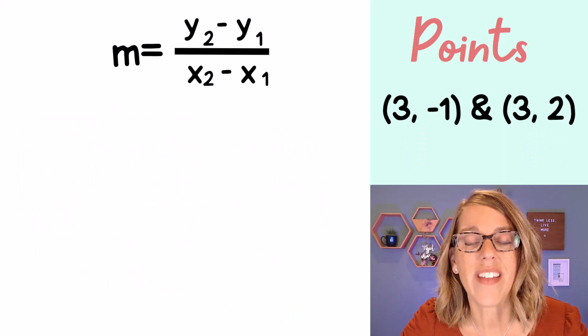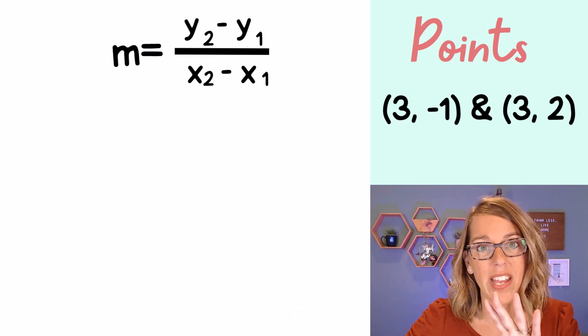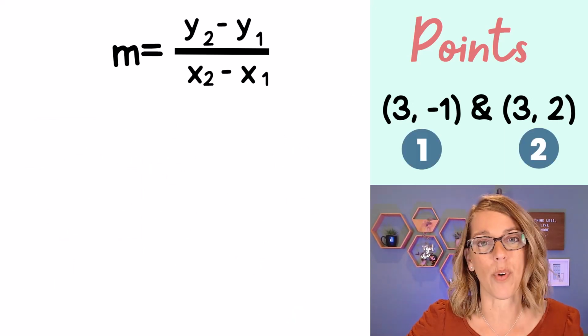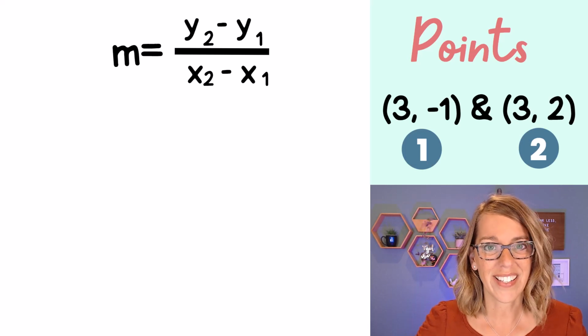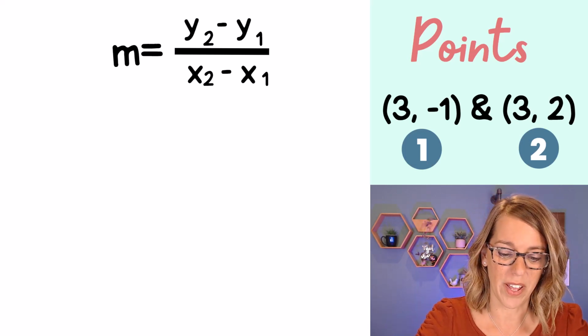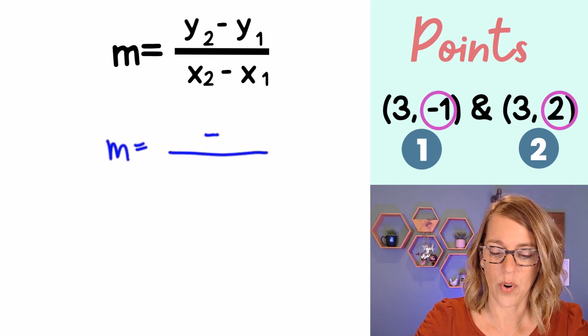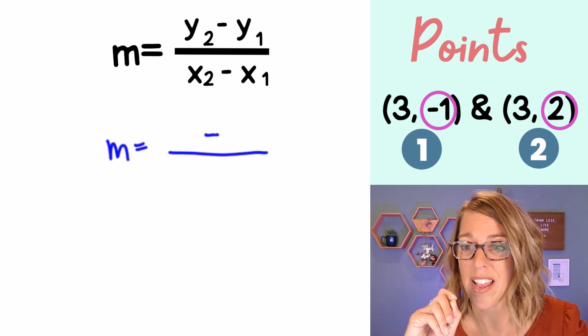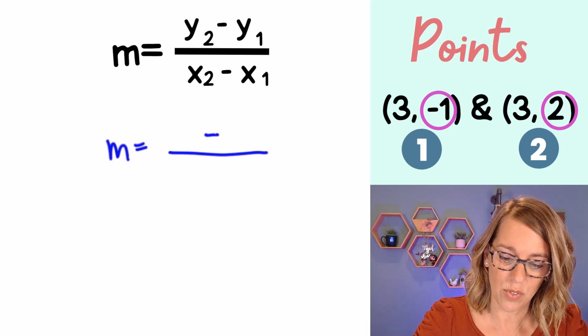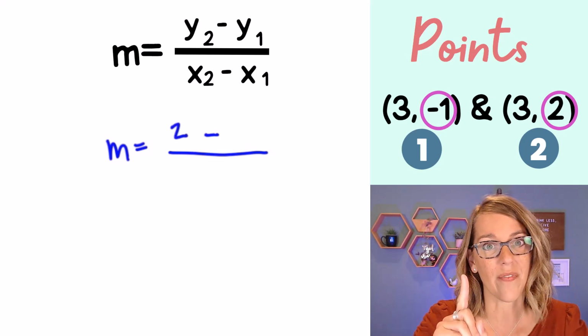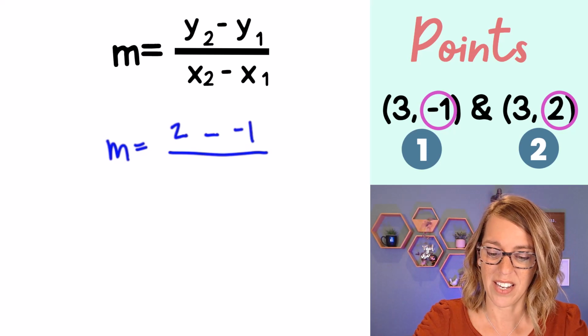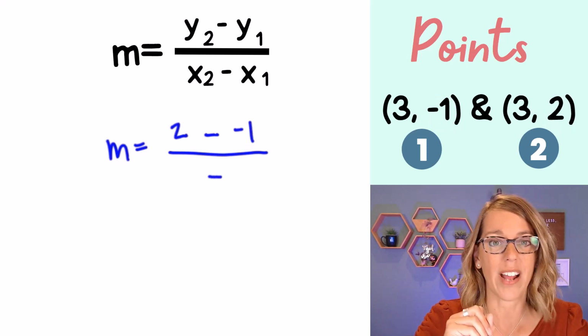In this next one, I'm not going to bother to graph it. Instead, I'm going to go ahead and just start by labeling these as a point 1 and a point 2, and let's dive right into that formula. So m is equal to the difference in those y coordinates, and I want to pick up the second y. The second y is a 2 from point 2 over there, and the first y from point 1 is a -1. And now let's subtract the x's.